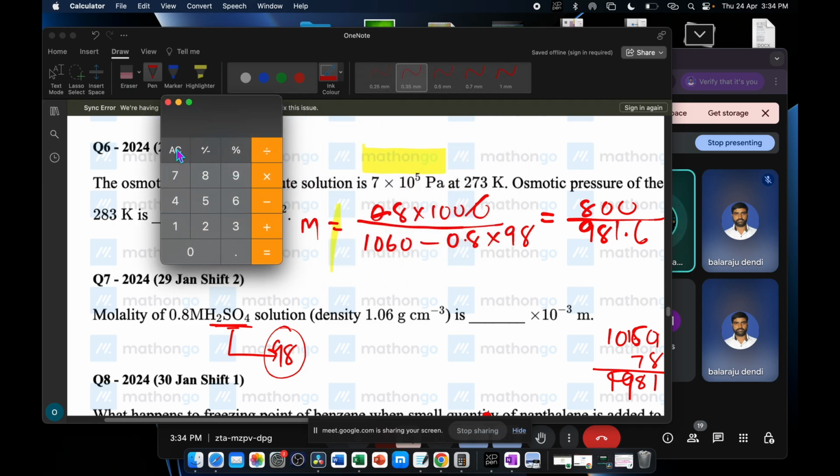So 98 times 0.8 is 78.4, and 1060 minus 78.4 is 981.6. We got it correct.